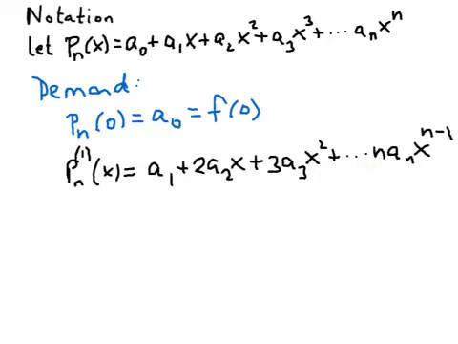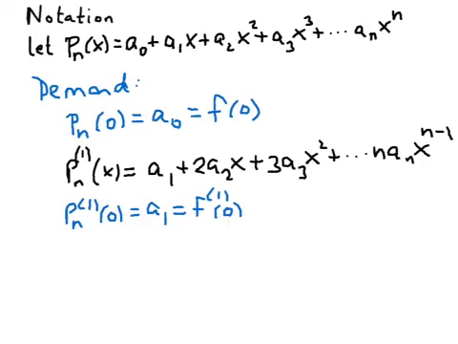So what we have is that the first derivative evaluated at 0 is a1, and as we've said, we're going to demand that this is equal to the first derivative of the function evaluated at 0. So that is our second equation, that a1, the second coefficient here, is equal to the first derivative evaluated at 0.